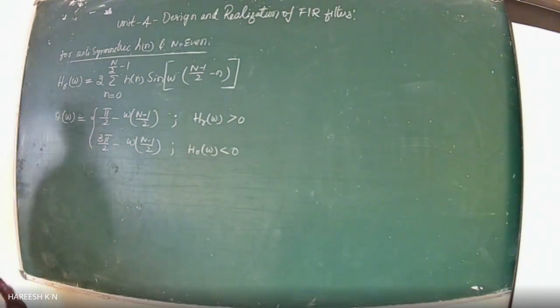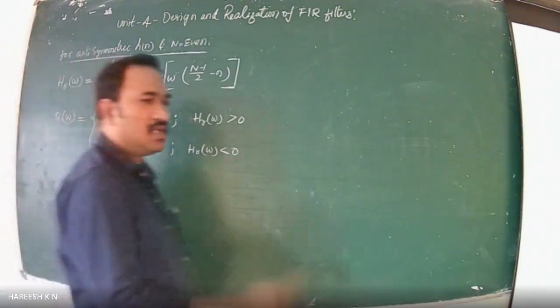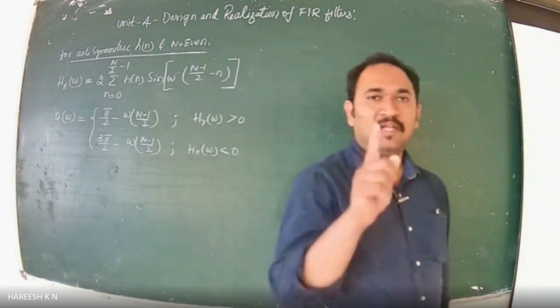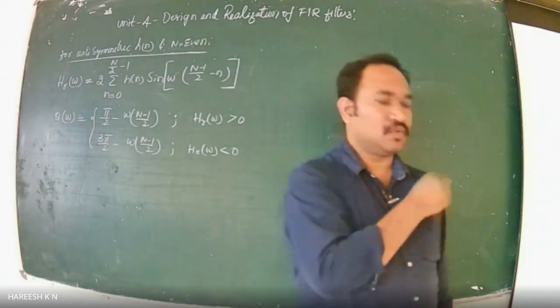Now here for N equal to odd with respect to symmetric, that midpoint sample was having some value, isn't it?